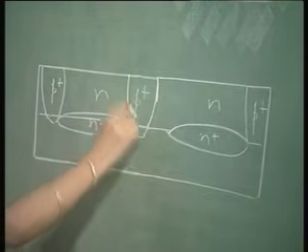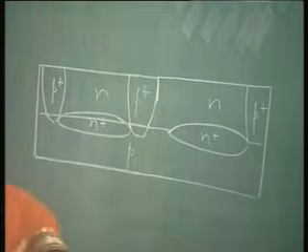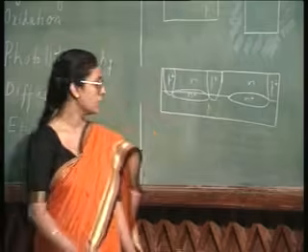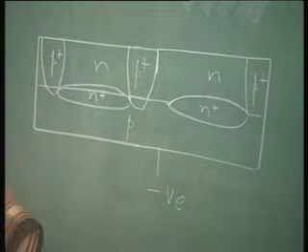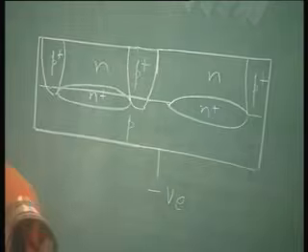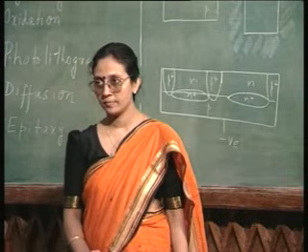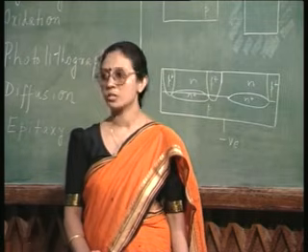Current cannot flow through these reverse biased P plus N junctions. All you have to do is make sure that this substrate is connected to the most negative point of the supply. So, this is called PN junction isolation.